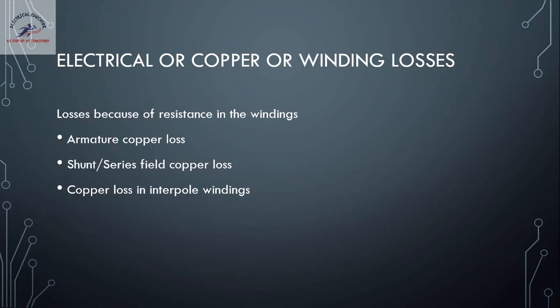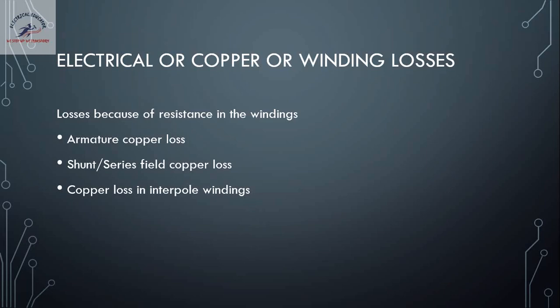Interpoles are smaller poles present between the actual poles just to boost up the magnetic flux, because when the machine is heavily loaded, some of the air gap flux is weakened because of a phenomenon called armature reaction.